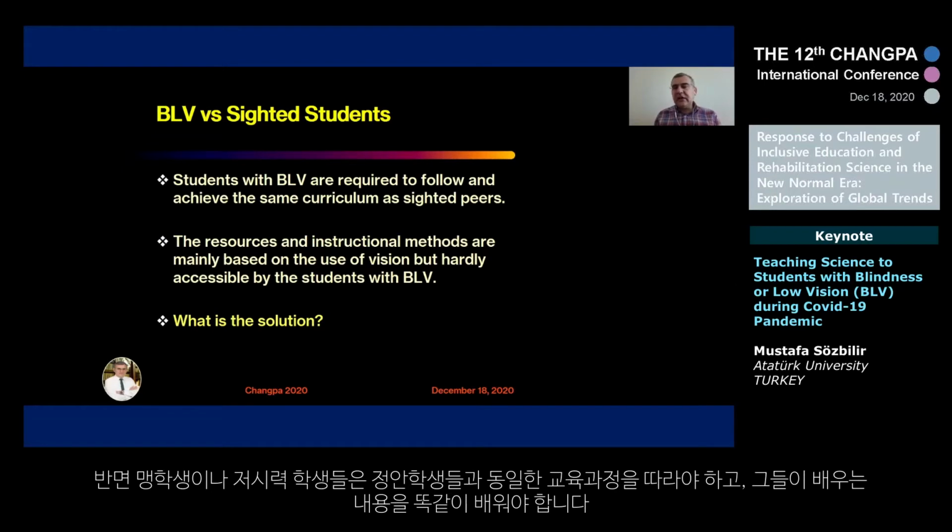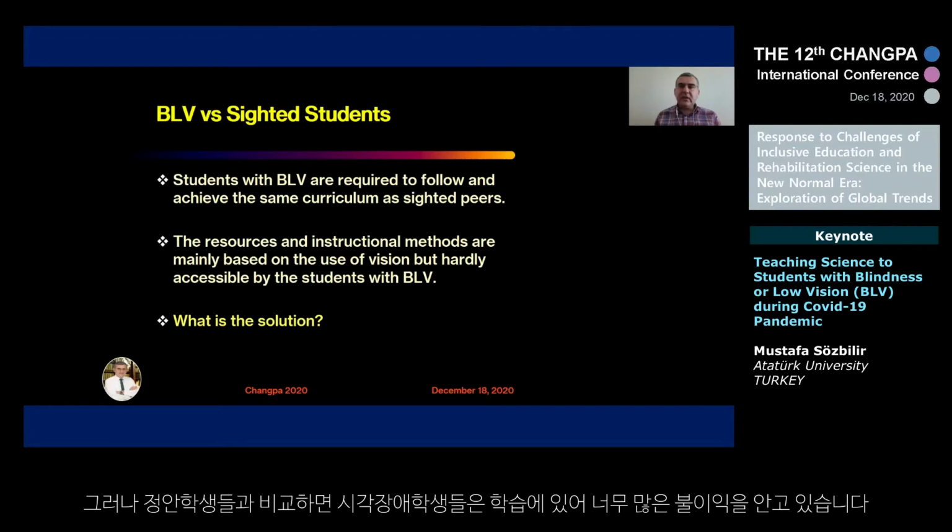Blind students or low vision students, if you compare with their sighted peers, have to follow the same curricula and they have to learn every topic that their sighted peers have to learn. But they have so many disadvantages compared with their sighted peers.